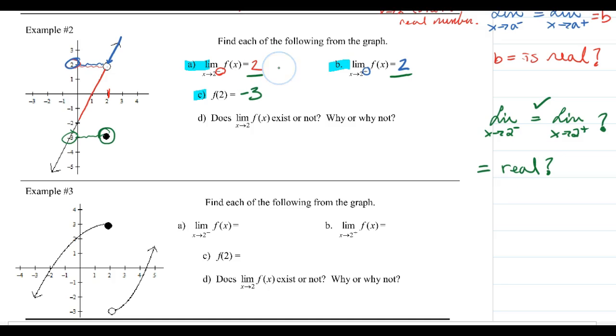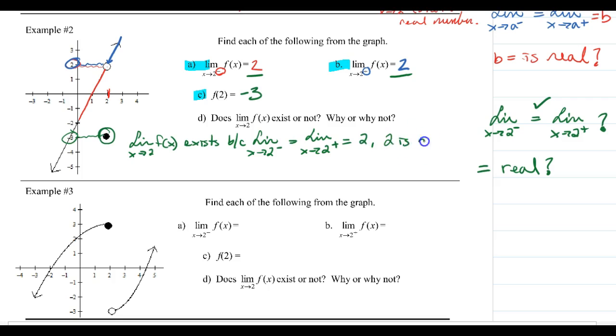Well, is 2 a real number? 2 is a real number, so this limit does exist. The limit as x approaches 2 of the function exists because the limit as x approaches 2 from the left equals the limit as x approaches 2 from the right equals 2, and 2 is a real number.